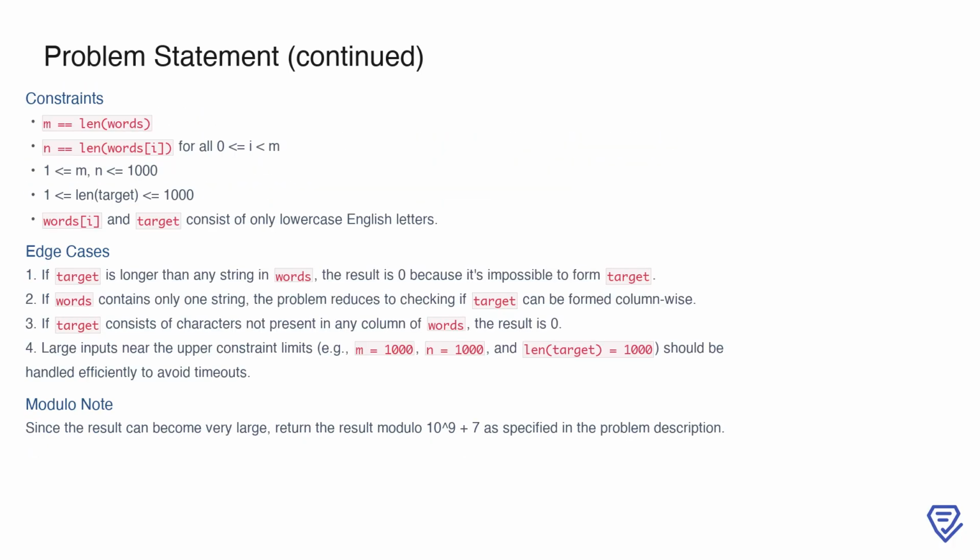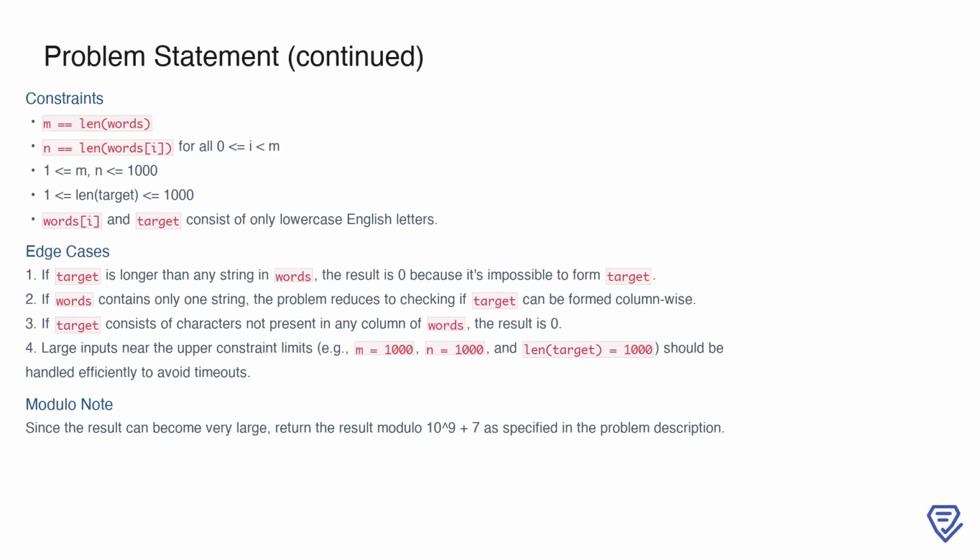The problem comes with constraints and edge cases to keep in mind. First, the size of words and target is limited. Words consists of m strings, each of length n, with both m and n being at most 1000. The length of target is also at most 1000. All strings consist of lowercase English letters. Some edge cases include when the target string is longer than the length of strings in words, which makes forming target impossible, resulting in 0.